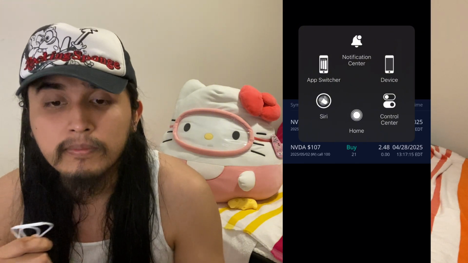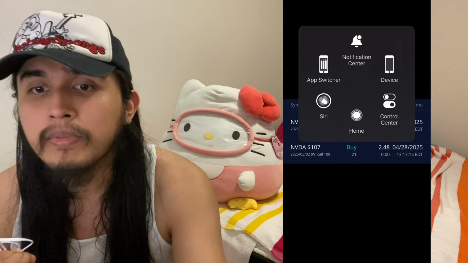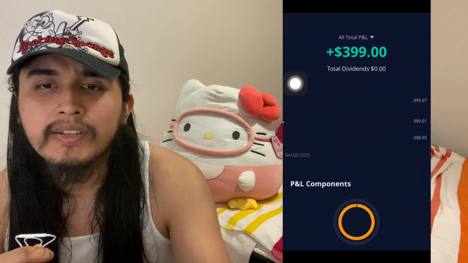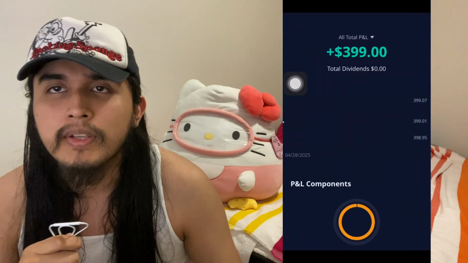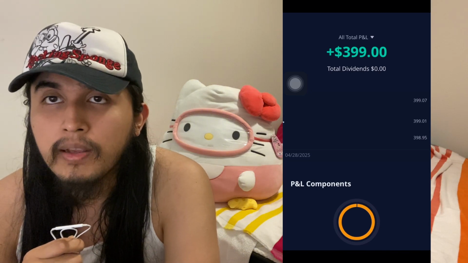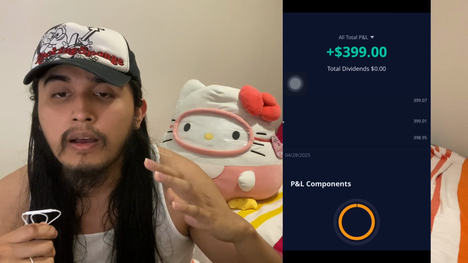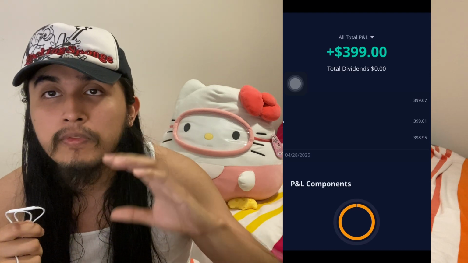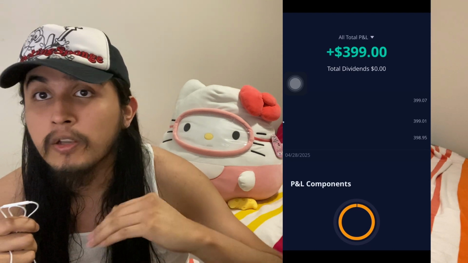And what happens if the position is down, let's say, 10%? Once that happens, I'll wait and see if that stock can touch other moving averages along the way as it's going down.